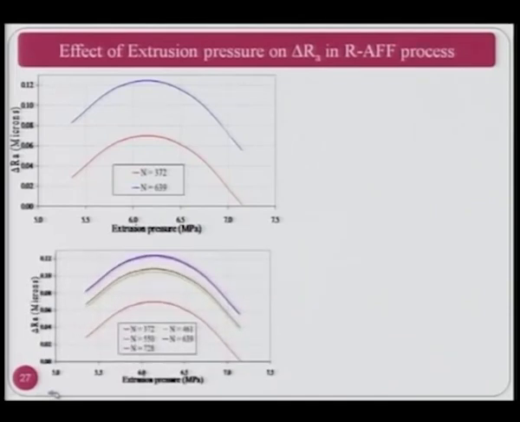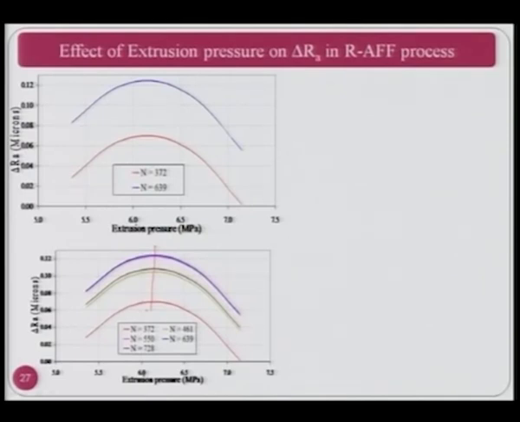Now here you can see the number of cycles, these are 320, 372, 461, 550, 639, 728, and in all cases you will find that they are attaining a certain value which is giving you the maximum or optimum delta RA value.